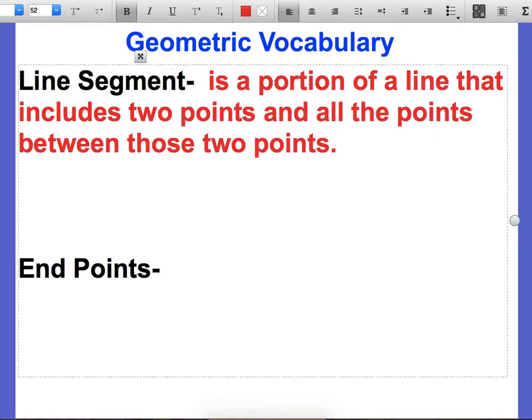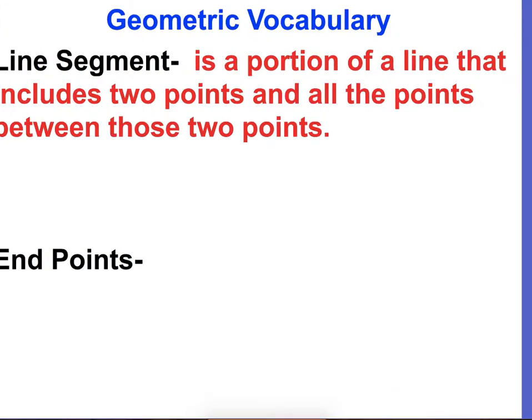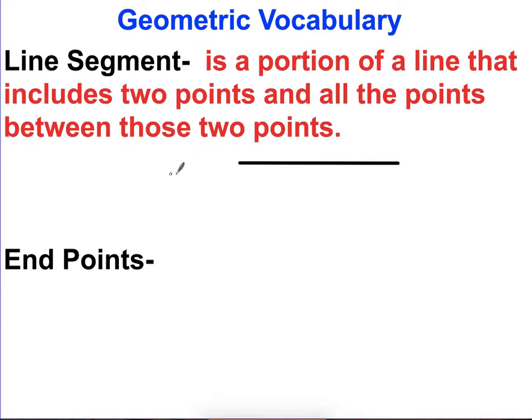So if I'm drawing a line segment, I'm going to just draw a segment of it. I'm not going to show arrows that it goes on forever. So this would be line segment CD. So it contains everything between C and D, but we can just call it line segment CD. The way that we can write that is like this.